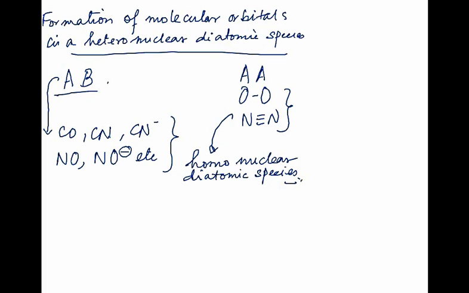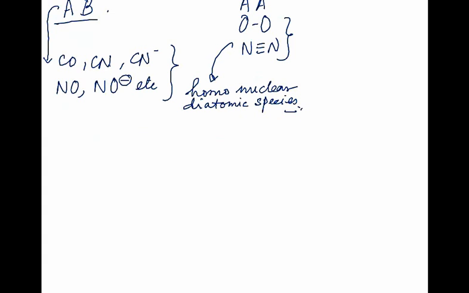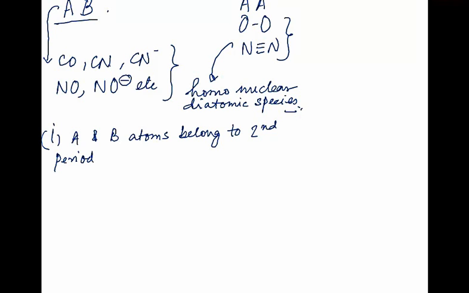In the heteronuclear diatomic species that we will be studying today, there are a few points that we need to cover. The first point is that A and B atoms belong to the second period of the periodic table.